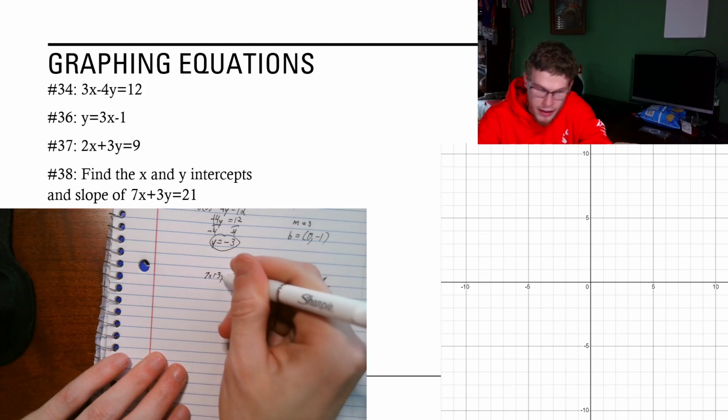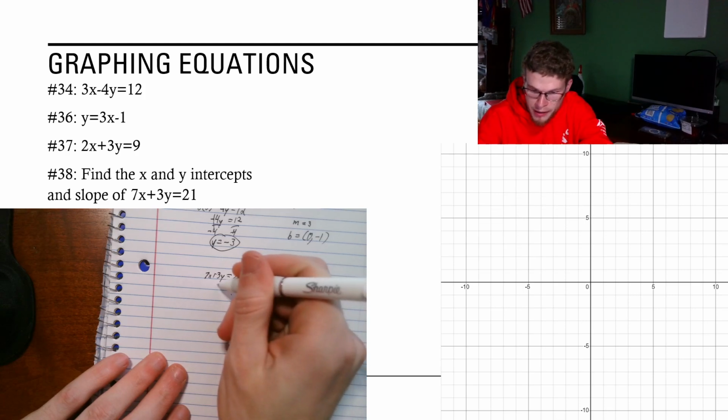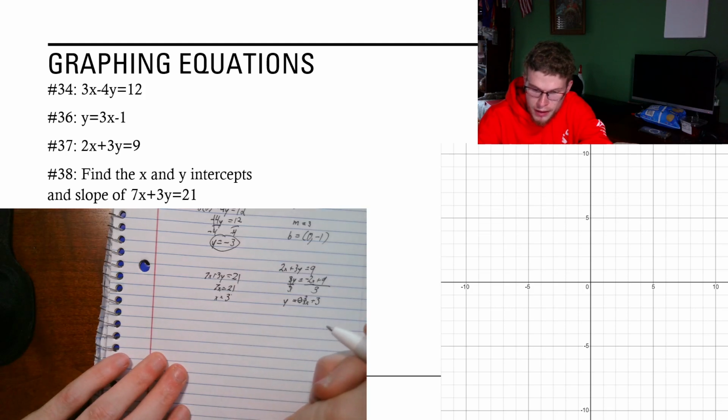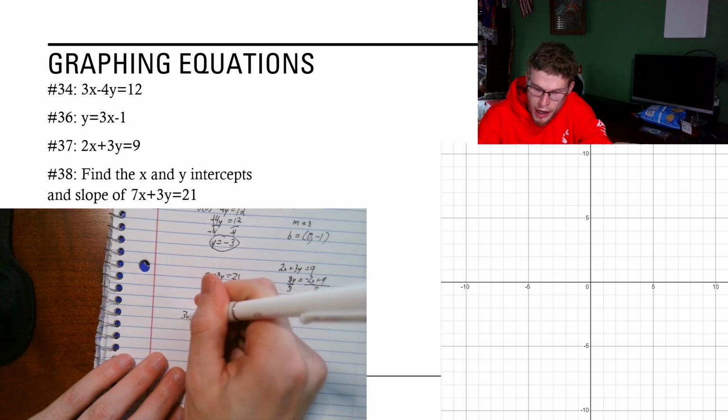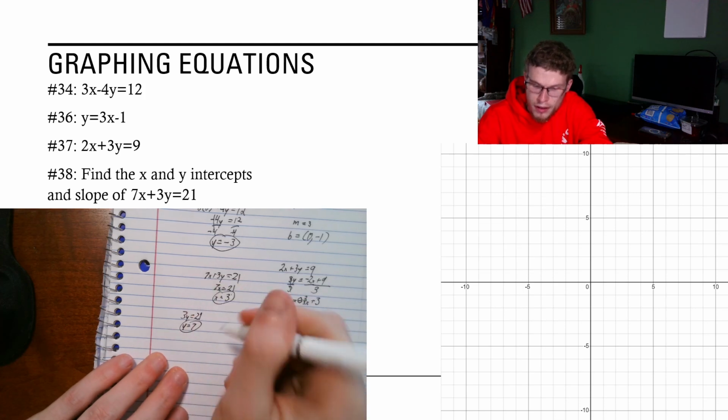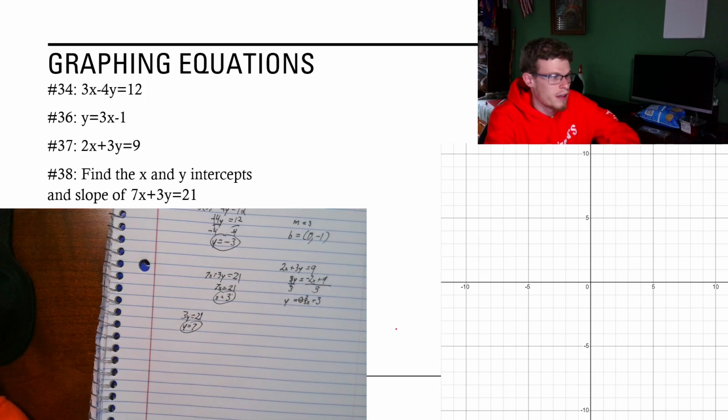So if y equals 0, that means this whole term gets eliminated. 7x equals 21. Therefore, x equals 3. So that's my x-intercept. My y-intercept is going to be 3y equals 21. Therefore, y equals 7. So now I know where my graph is. So then I'm going to go and graph at 0, 3.